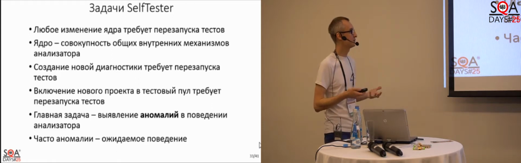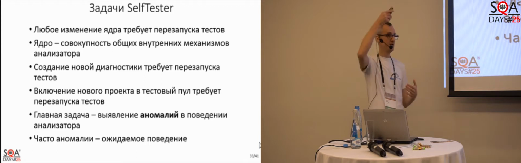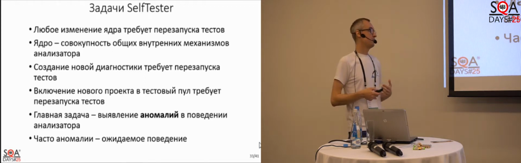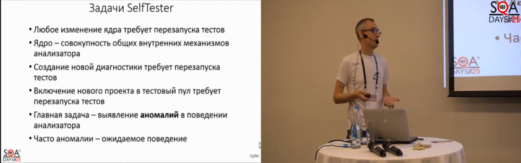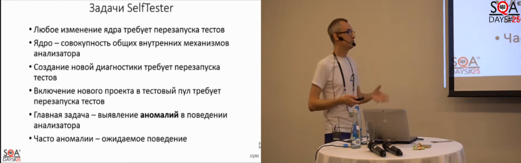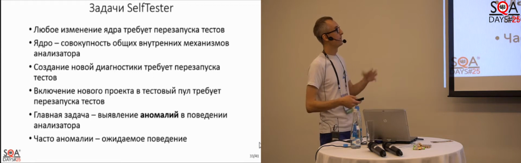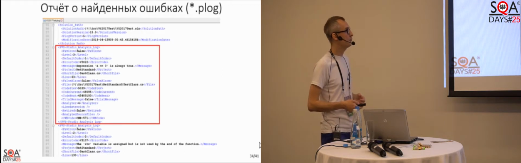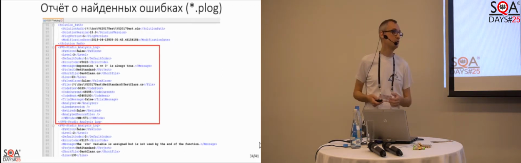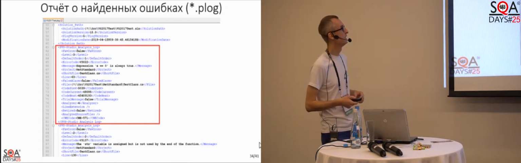Or, for example, you see additions inside of the analyzers. Some anomalies are expected as new responses. For example, unexpected is that the duration of the check increased. It's an anomaly and we didn't expect it. You have different logs and reports. You can compare them. This is how a log looks. A log is actually a report of our analyzer.